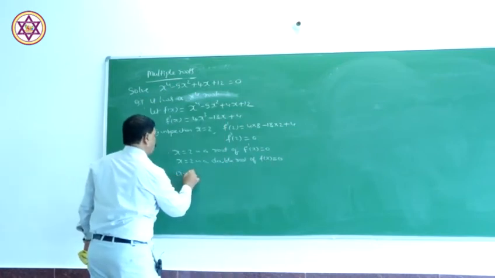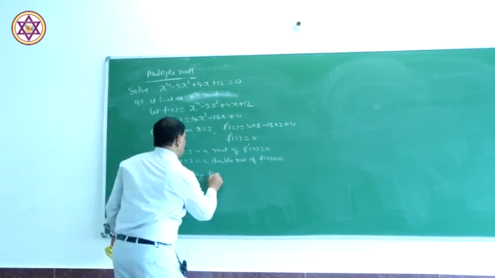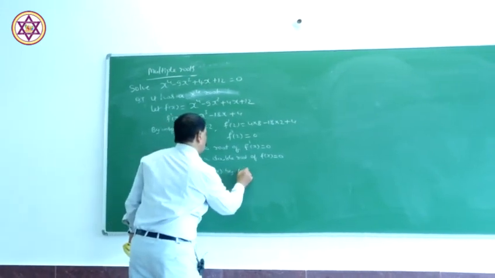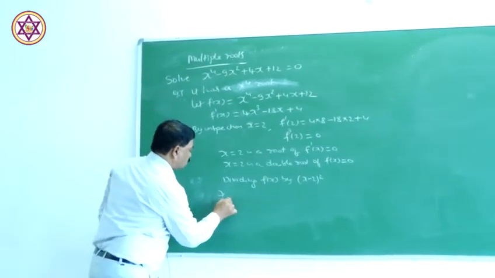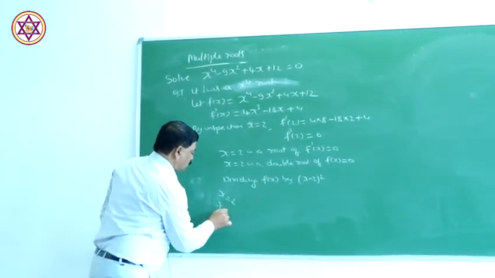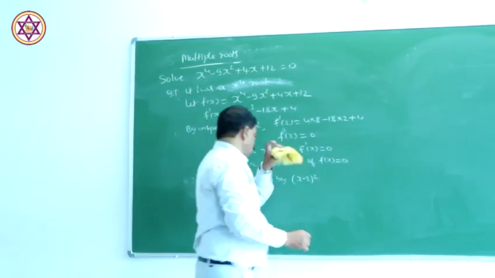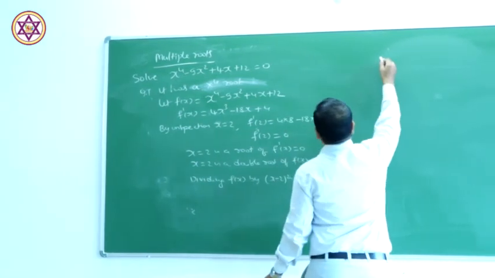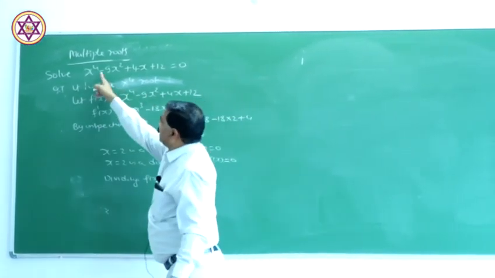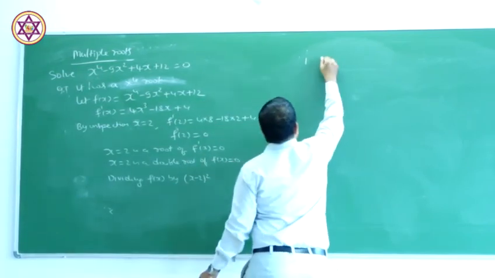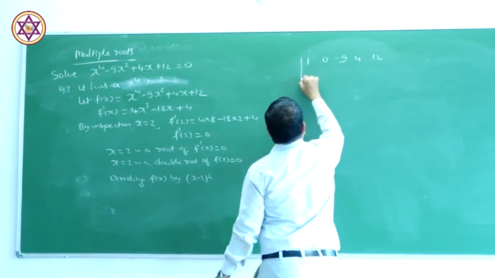Next, dividing f of x by x minus 2 whole squared, because this one is a double root. x is equal to 2 means the factor becomes x minus 2 is equal to 0. So, x minus 2 whole squared. So, by synthetic division: 1, the x squared term is missing, 0, minus 9, 4, 12.